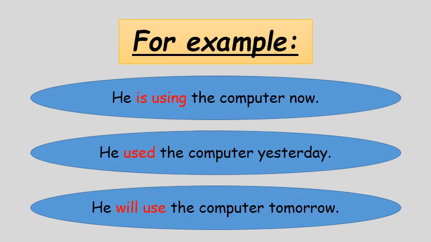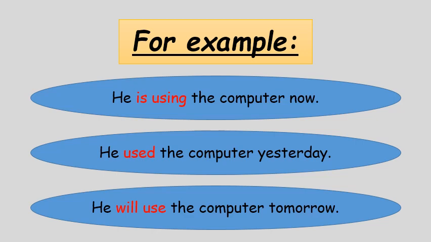The form of verb in the first sentence, using, refers to the present time and shows that the action is continuing. The form of verb in the second sentence, used, refers to the past time and shows that the action is completed. The form of verb in the last sentence, will use, refers to the future time and shows that the action will complete.